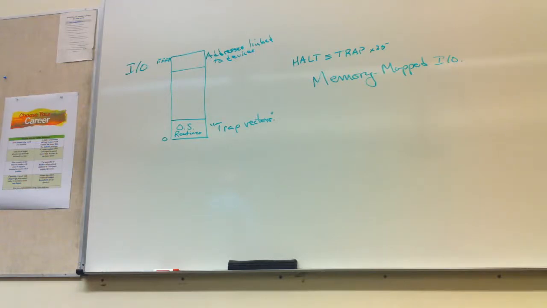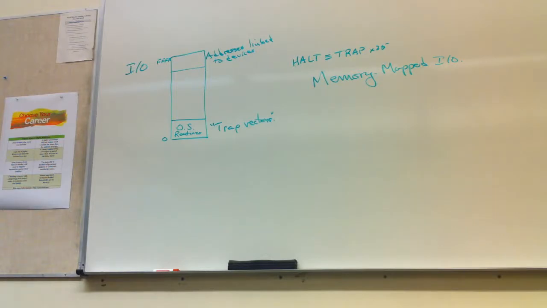And so to print something on the screen, you use the same instruction that you would use to just put something into memory. You say store at such and such a location. The only thing is that location isn't actually in memory. That location is associated with the device.